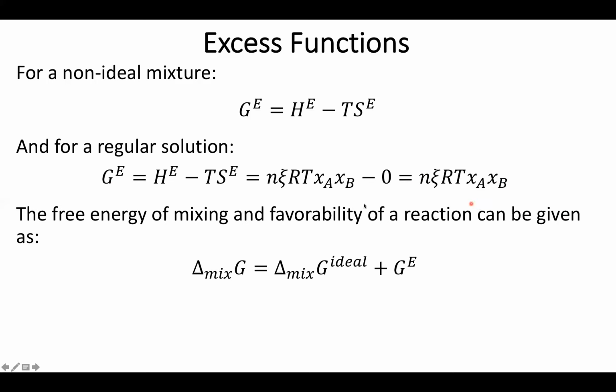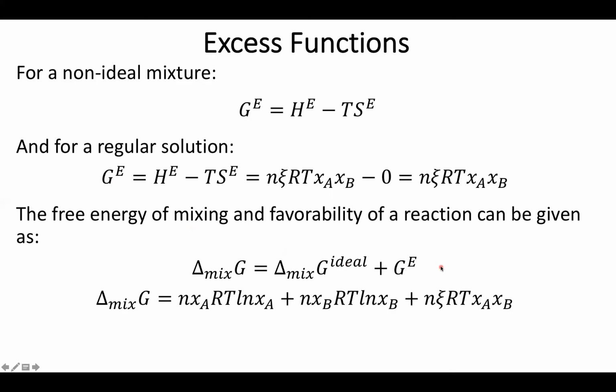Now, in this scenario, what we can do is look at the free energy of mixing and its favorability by, again, combining what we know about ideal behavior with essentially this extra fudge factor of non-ideality, or my Gibbs of excess.